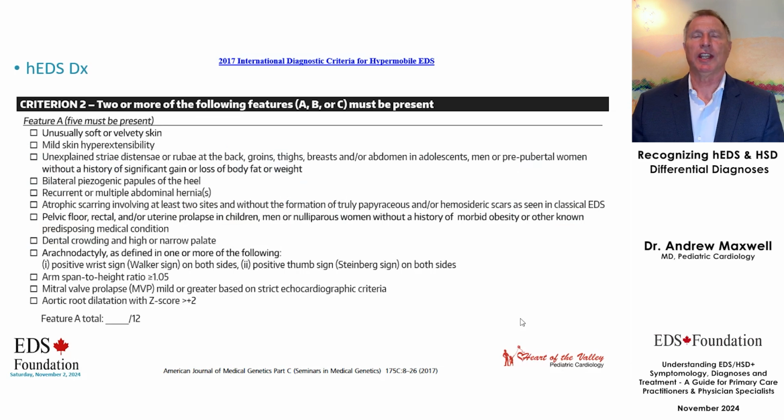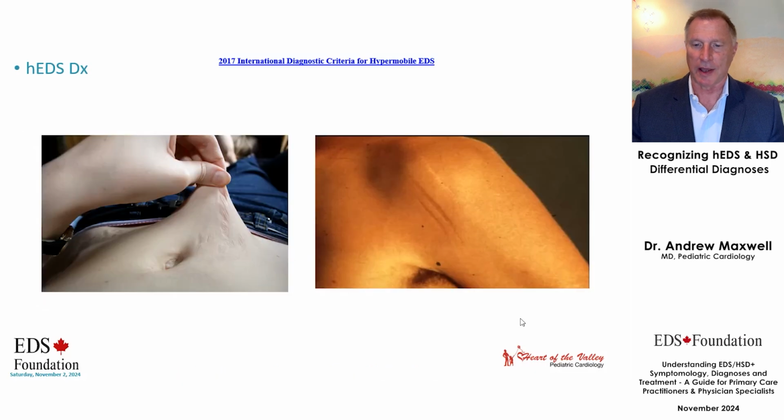Criterion 2 is looking at physical features, and 5 of 12 possible physical features must be met. I'm not going to go through each one of these specifically, but I'll show you a few examples here in pictures. For instance, the increased extensibility of the skin, and also striae of the skin in particular places that are not related to recent loss of weight or rapid growth.